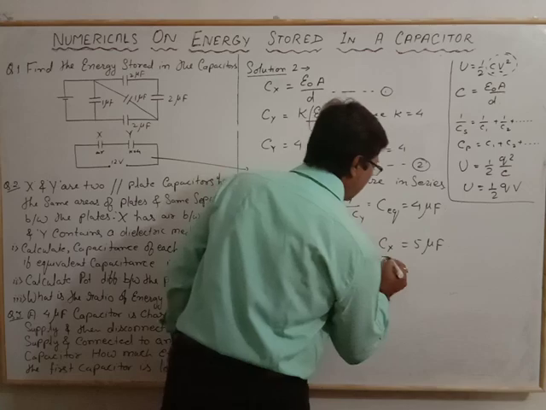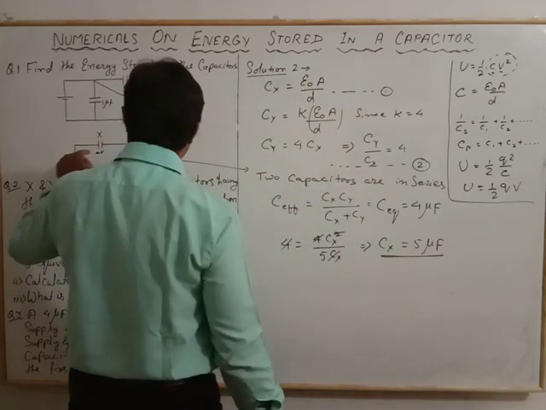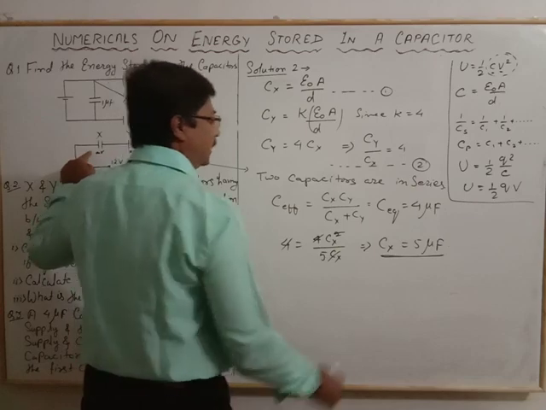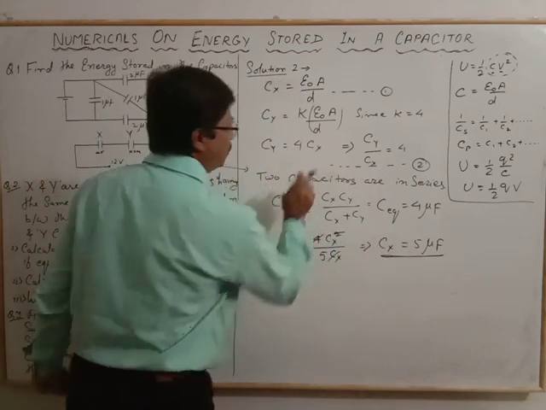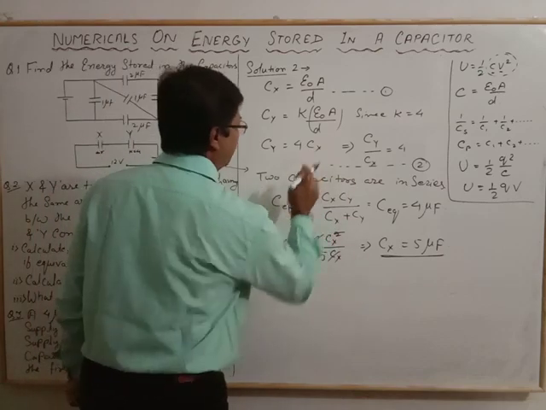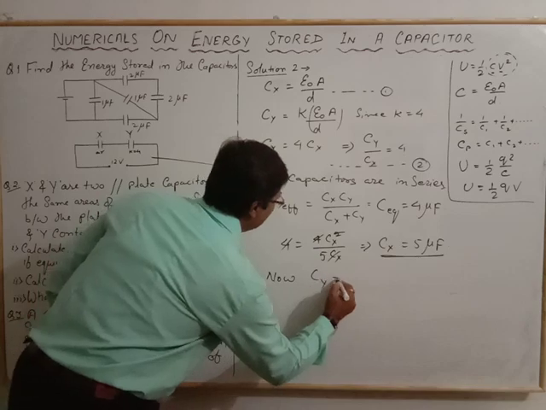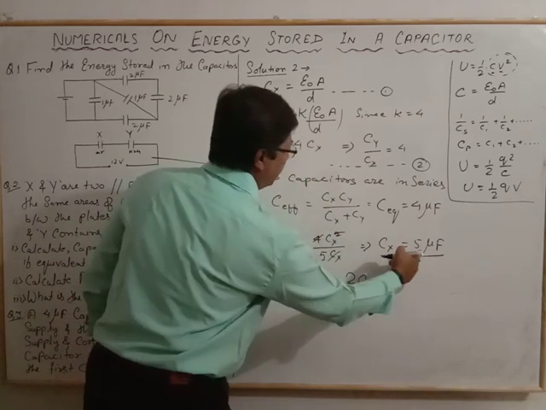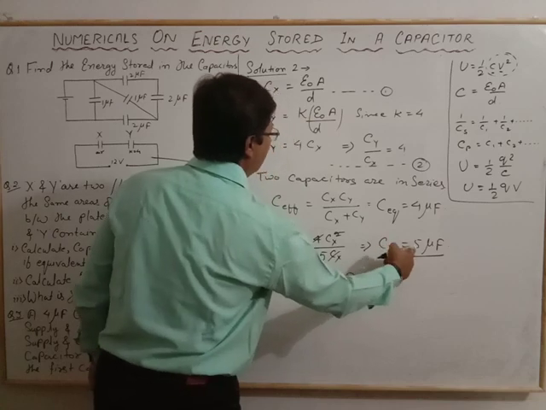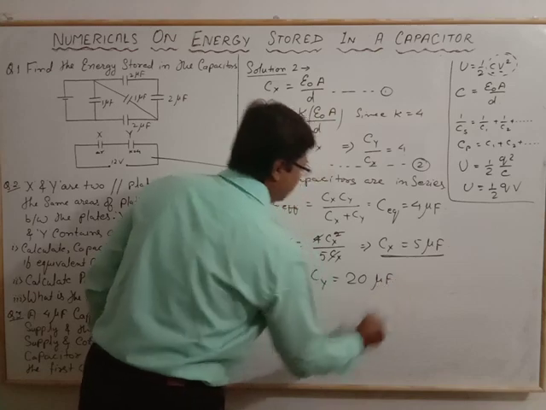That is the value of Cx, the capacitance of capacitor X. Now calculate the value of Cy. Just substitute the value in equation number 2. So Cy is equal to, in place of Cx we write 5 into 4, that is 20 microfarad.